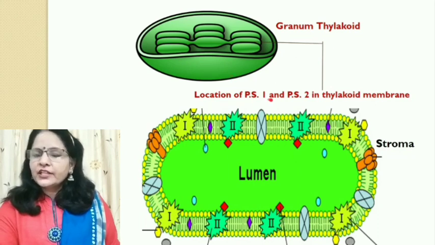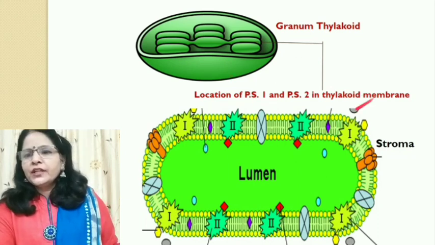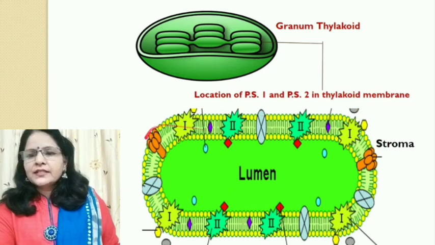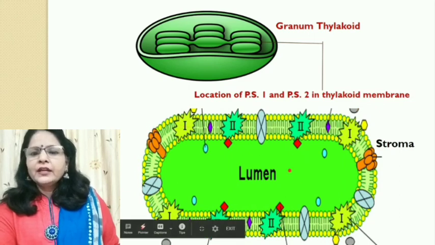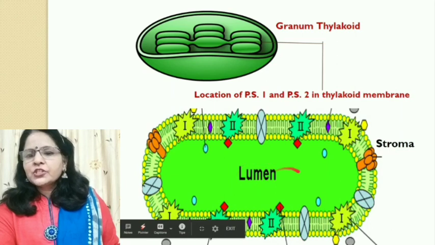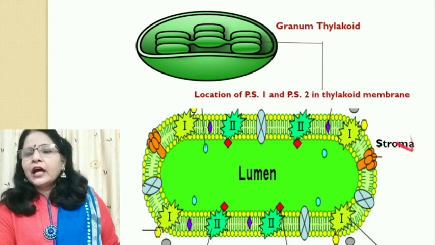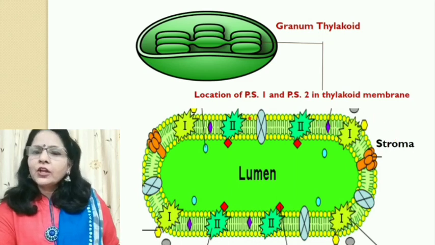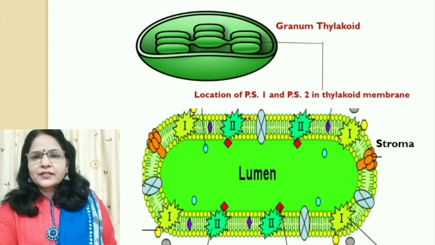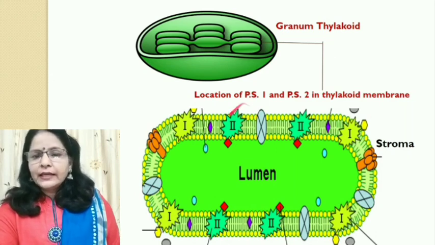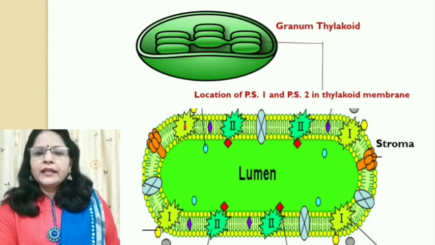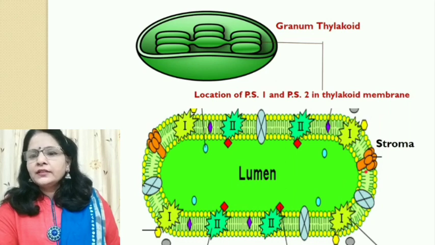You can see the location of PS1 and PS2 in the thylakoid membrane. This is the thylakoid membrane, and in the center portion, this space is called lumen, and the outer side is called stroma. The wall of the thylakoid membrane consists of a biomembrane made of lipid bilayer. So in the lipid bilayer, pigment system 1, pigment system 2 and ATP synthase are attached.